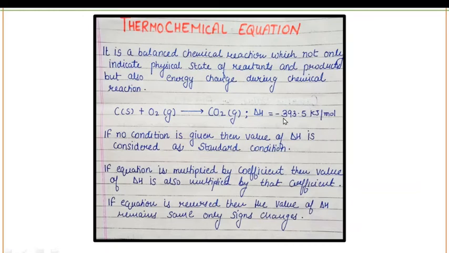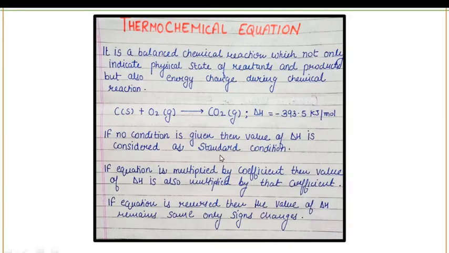Now, there are 3 rules to write the thermochemical equation, or you can say to calculate the enthalpy change with this thermochemical equation. Number 1 rule is, if no condition is given, then the value of delta H is considered at standard condition.